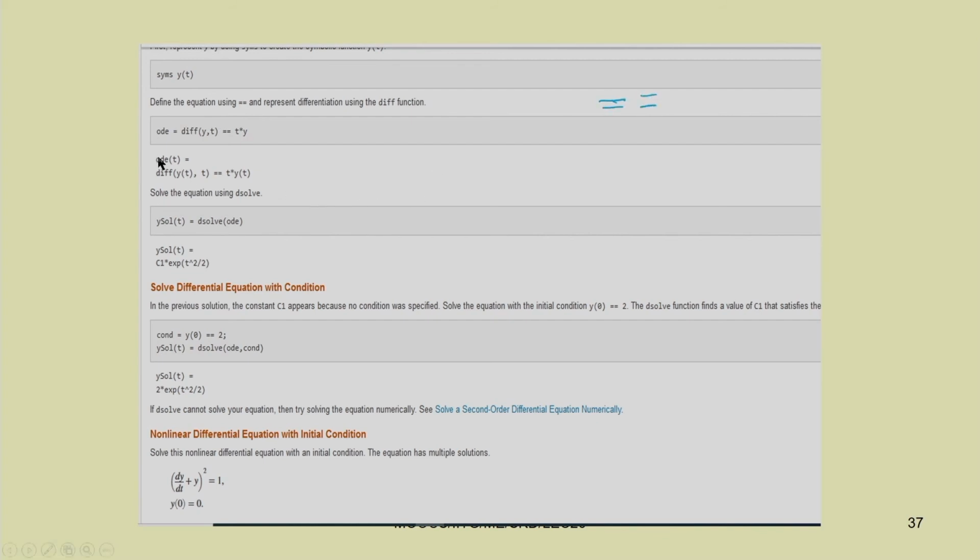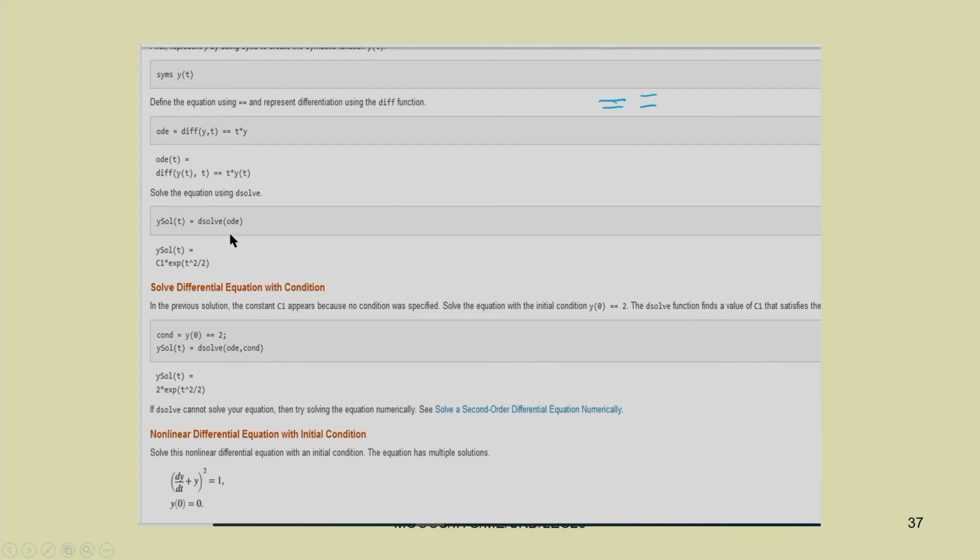For example, you have written ode equal to diff(y(t)) equal to t into y. So, now ode(t) you have written equal to diff(y(t), t) equal to t into y(t).